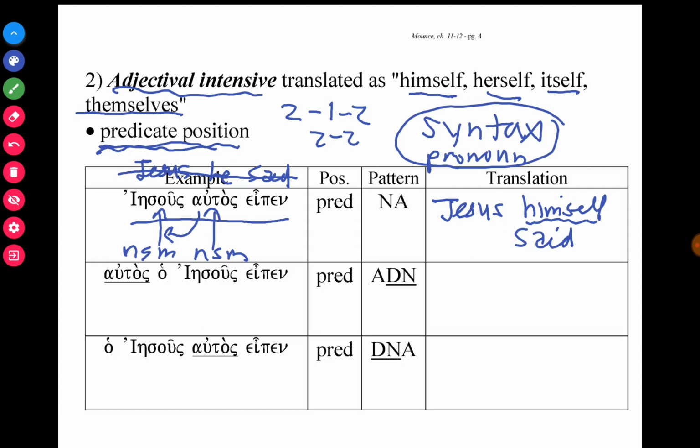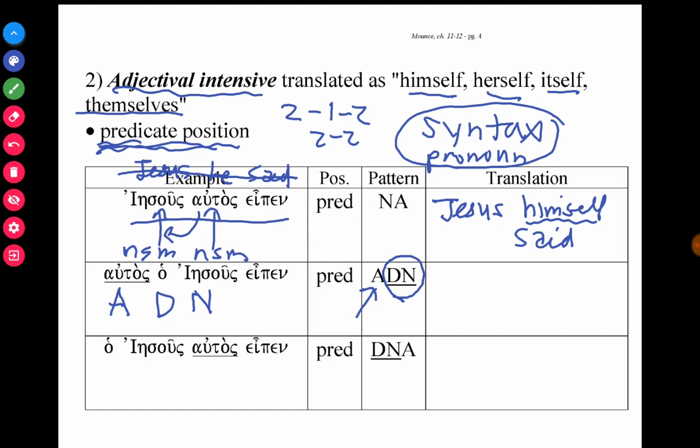And if we were to label the positions, we have autos in what we would expect the adjective to be, the adjectival position, and this is a predicate adjectival position. Here's a definite article, and here is the noun Jesus, and then the verb. And whenever the definite article is attached to the noun, whatever is occupying the position of the adjective is what we call the predicate position.